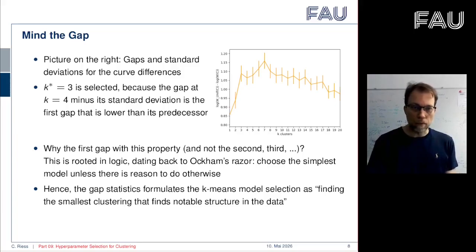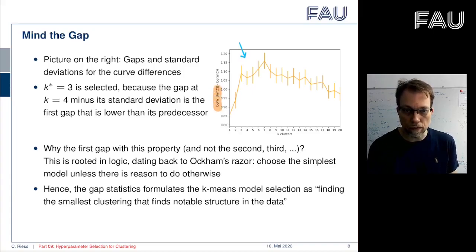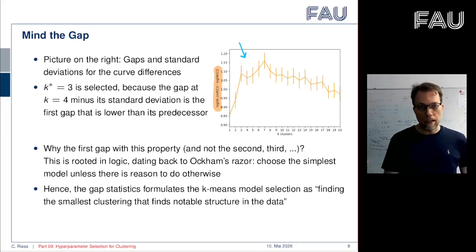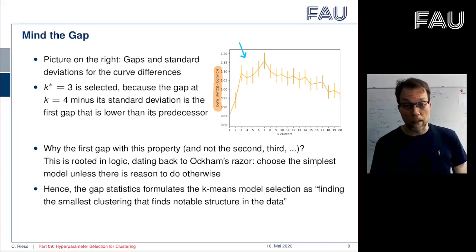Here's a different way of drawing this. This is a plot that directly plots the gap. So here on the y-axis we have the within cluster distance of the uniform distribution minus the within cluster distance on our data.